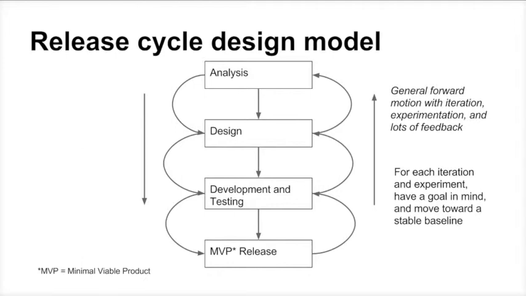Analysis can be found wanting as design proceeds, and it certainly makes sense to cycle back to analysis and make some corrections, do some further research from time to time, and even in the release stage, if there are deficiencies or problems, or in the worst case, if there has to be a rollback, then obviously there has to be a cycle back to the development testing phase. But nonetheless, broadly speaking, there is movement for each release cycle from the top to the bottom.